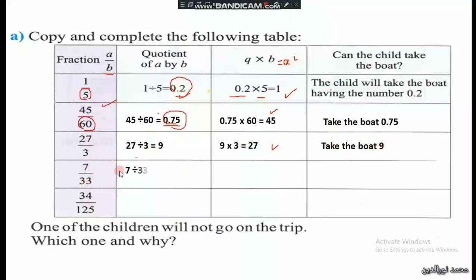7 over 33. 7 divided by 33 is 0.212121. Okay, it does not terminate. And there will be more digits after these. So I will stop just at the 5th decimal digit.